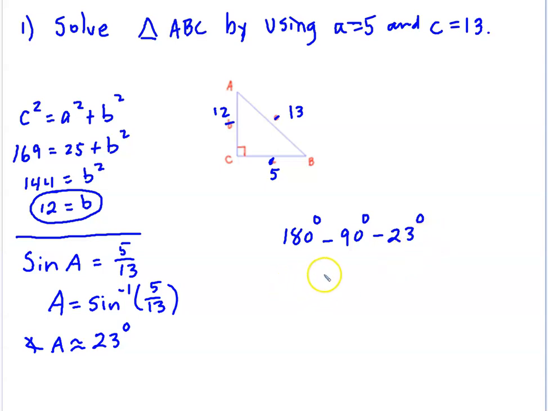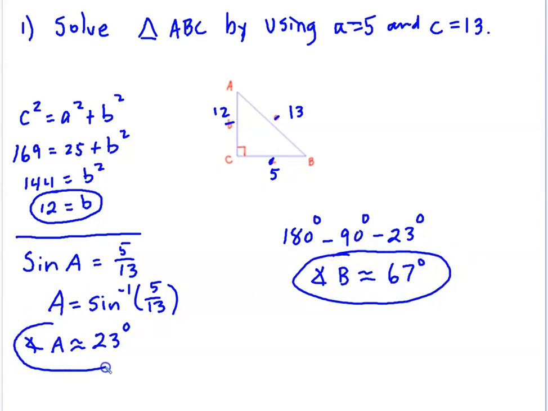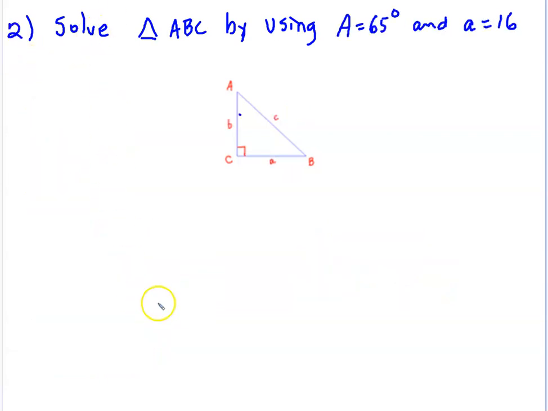And that's going to give us the angle B measurement. And we'll go ahead and go to our calculator. So 180 minus 90 minus 23 is 67 degrees. So we got all the missing parts, and that's our finished answer for number 1.